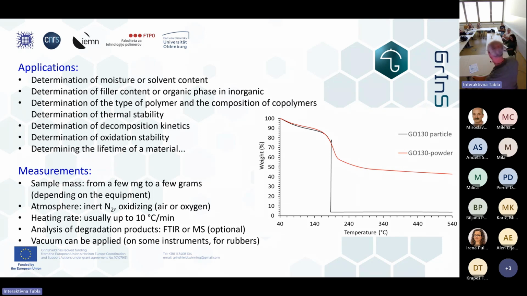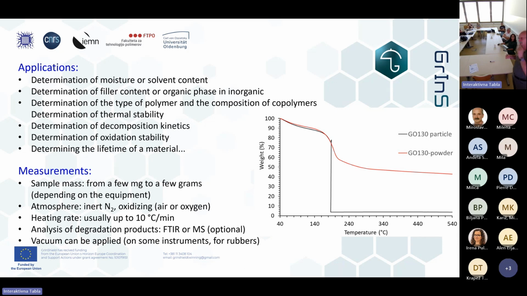And when we put in a particle of 3 milligrams, just one single particle, actually it exploded. And we see this hard weight loss. It's hard to believe, but sometimes people show these results as a normal TGA and they talk about that. They don't realize it was an explosion actually.